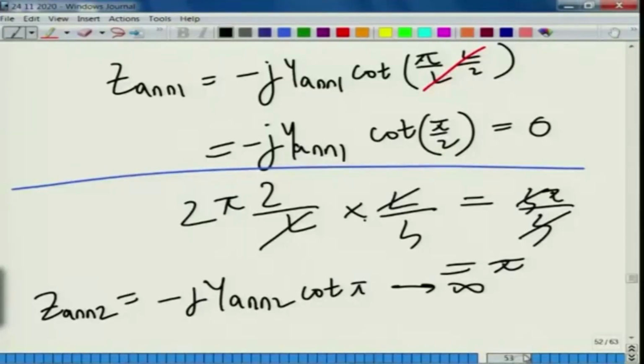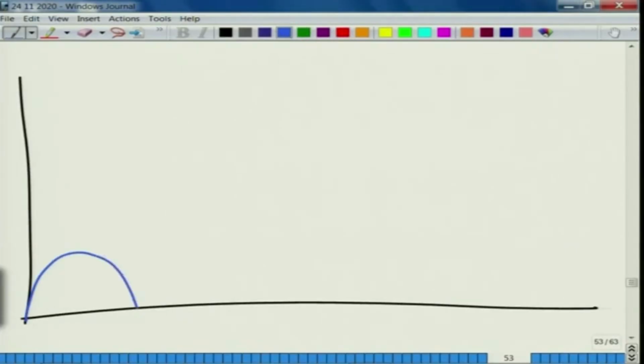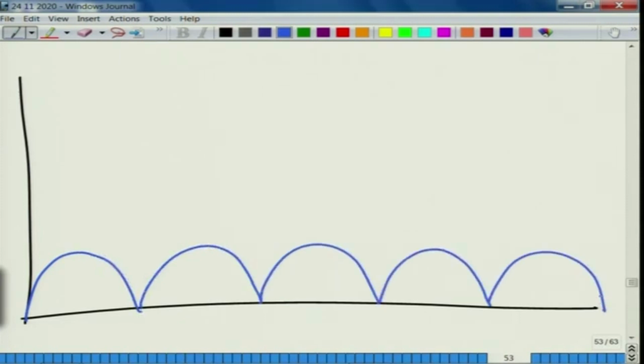So, let us draw things afresh. Let me draw the simple expansion chamber curve in blue, with pi, 2 pi, 3 pi, 4 pi, these are all non-dimensional frequencies. So, we can name this axis k naught into L, and here we have transmission loss in dB.